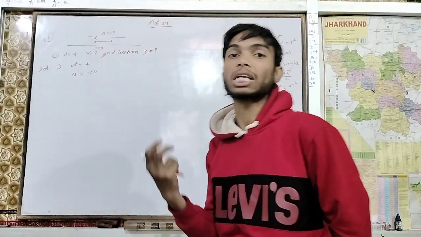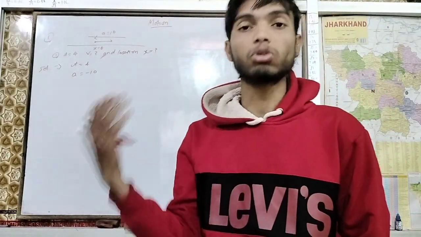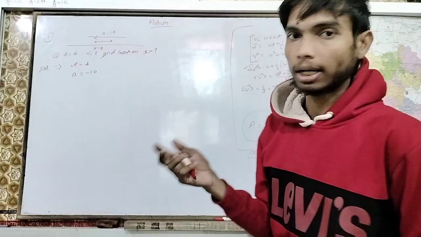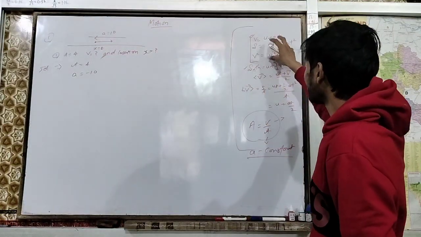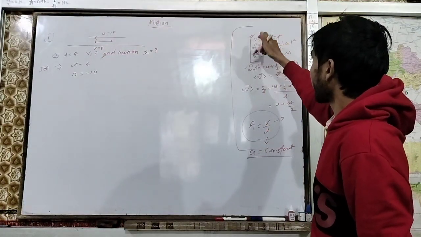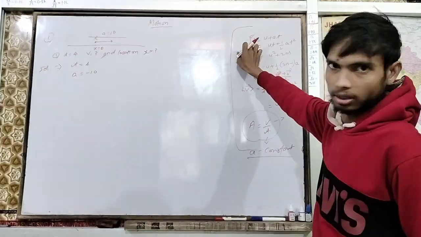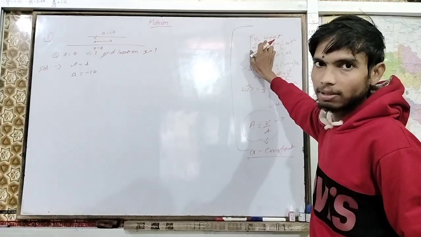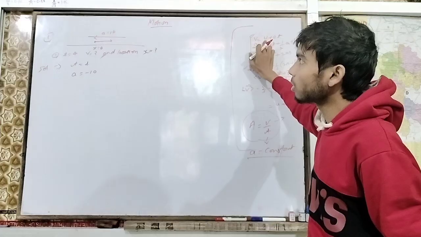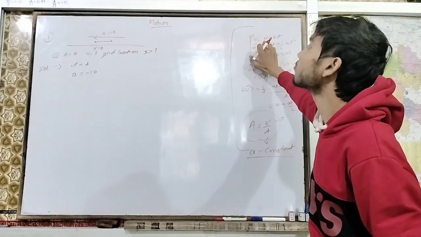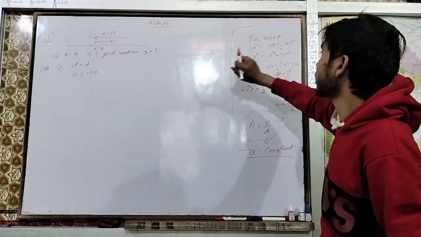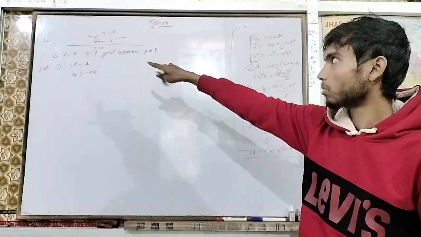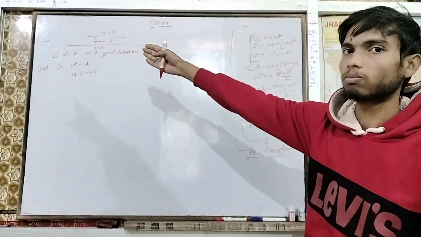Whatever values are given by the equation, try to observe in this equation this first v. This is what we have to find. U is given. U is 0 because the particle started from the origin.